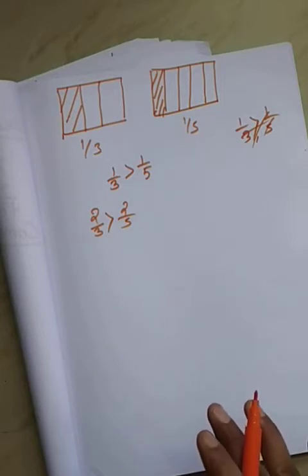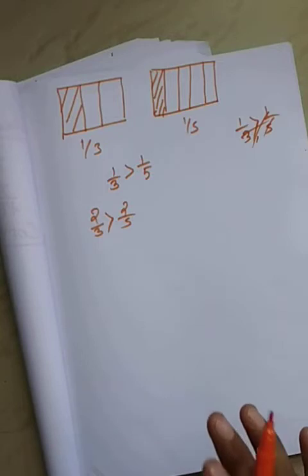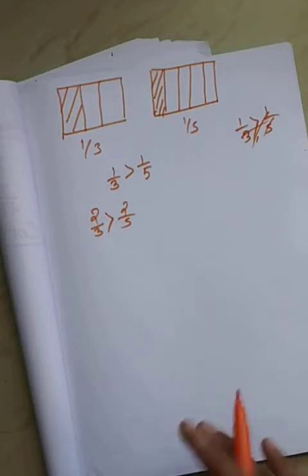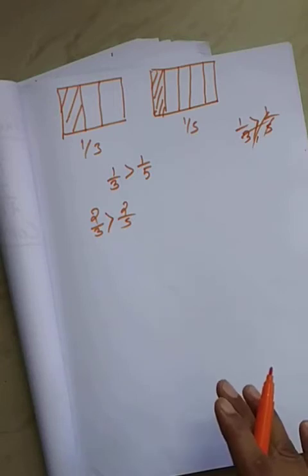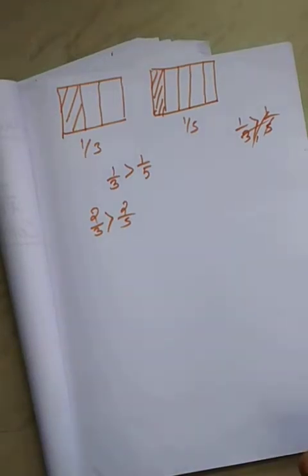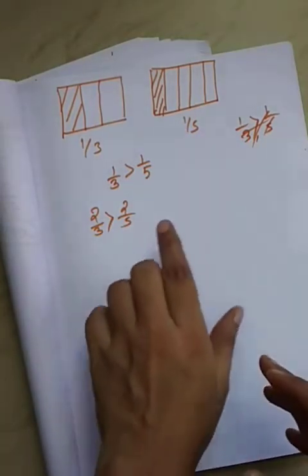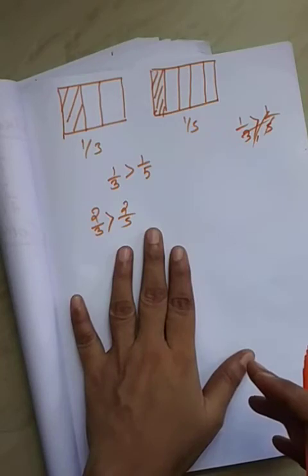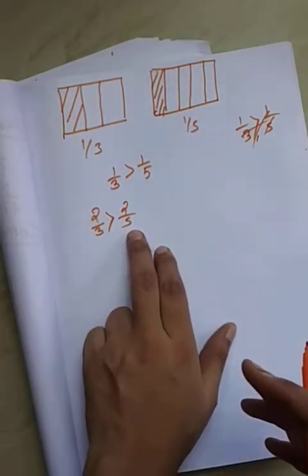Everybody clear? In this case the situation is the same as in the case above, except that the common numerator is 2, not 1. The whole is divided into a larger number of equal parts for 2 by 5 than for 2 by 3.